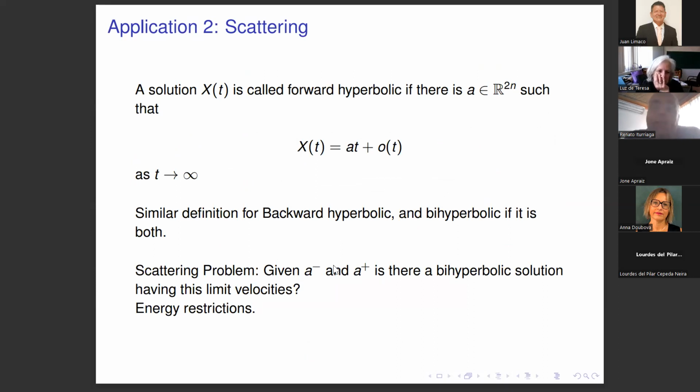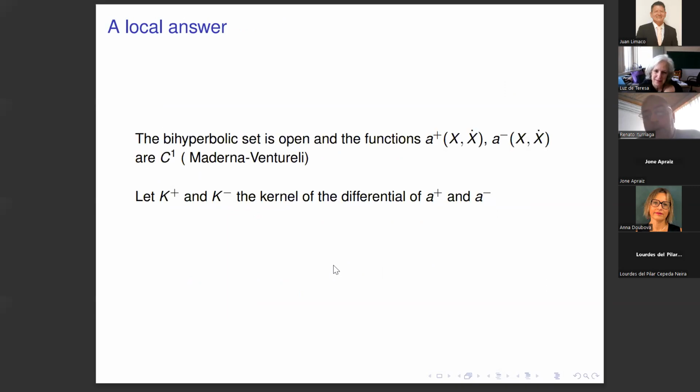I take a triangle, a central configuration, but now what I take is not an ellipse, but a hyperbola. And this hyperbola will have these limits, and it is bihyperbolic.